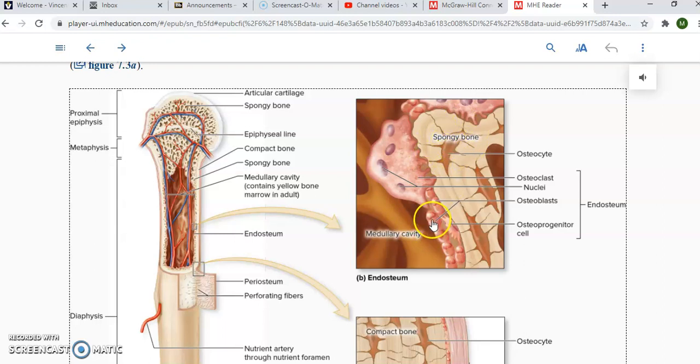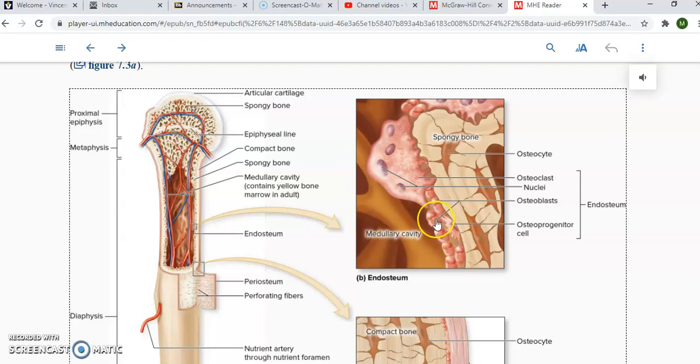So when the osteoblast is finished producing and secreting its osteoid, and the osteoid gets calcified, it's trapped in that little area, and it can't really produce anymore. Then it transforms into an osteocyte, which is our third type of cell. So essentially, our osteoprogenitor cell undergoes mitosis, and it'll produce a daughter cell that's going to be an osteoblast.